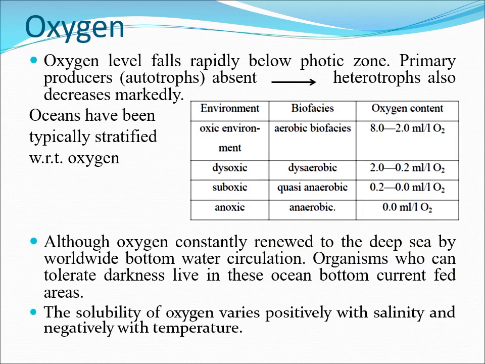The second factor important for the distribution of organisms in the environment is the oxygen level. Now, oxygen level falls rapidly below the photic zone. That means the zone up to which light can penetrate within the ocean water body, because that is the zone in which producers can survive.